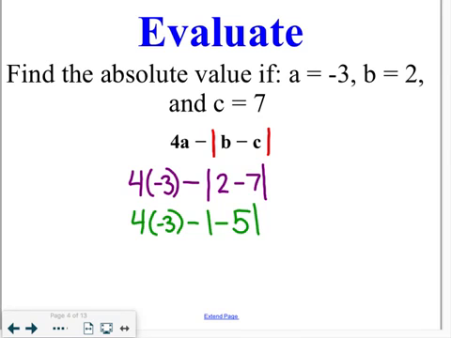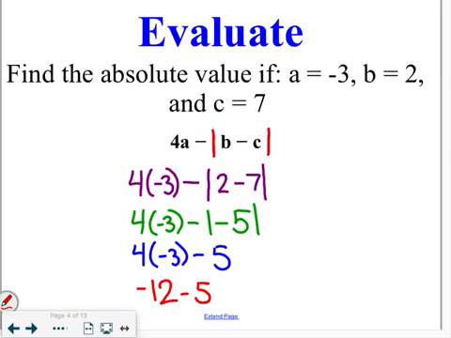Then we are going to actually take the absolute value. So negative 5 is 5 spaces away from 0. So I end up with 4 times negative 3 minus 5. Doing my multiplication, I end up with negative 12 minus 5 for a final answer of negative 17.